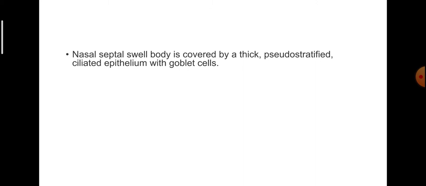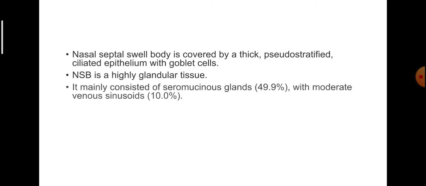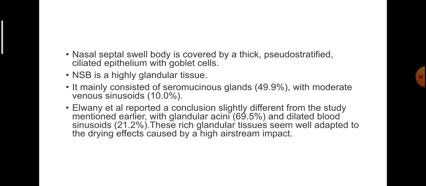Nasal septal swell body is covered by a thick pseudostratified ciliated epithelium with goblet cells. It is a highly glandular tissue, mainly consisting of seromucinous glands with moderate venous sinusoids. Elvani reported a conclusion slightly different from the study, in which he found glandular acini and dilated blood sinusoids.